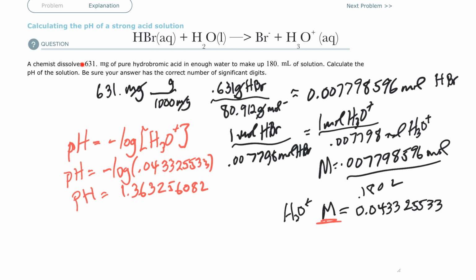So if I have 3 significant digits here and 3 significant digits here, I have to have 3 places past the decimal. So this is going to give me pH equals 1.363. And that's the pH if you put 631 milligrams of hydrobromic acid in 180 mils of solution. You can find the pH of anything. So, pretty good problem, I think.